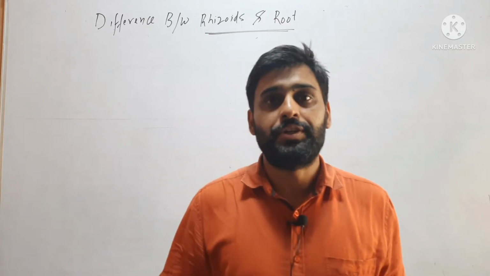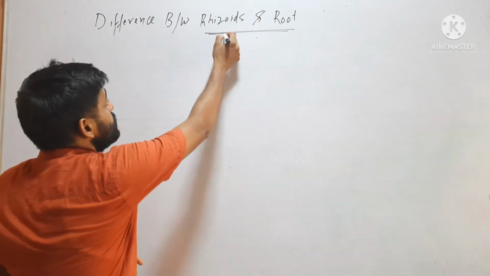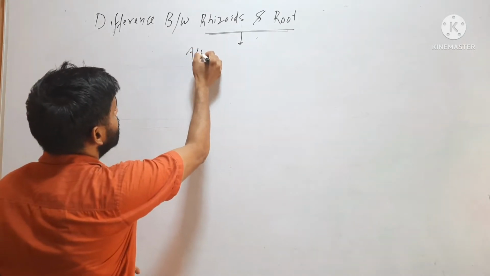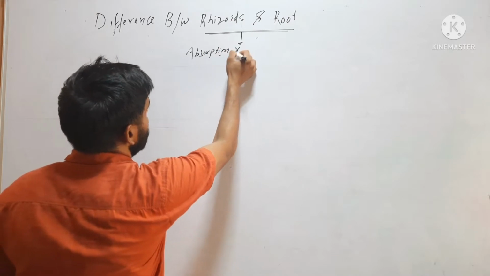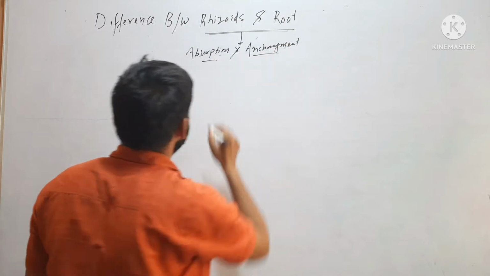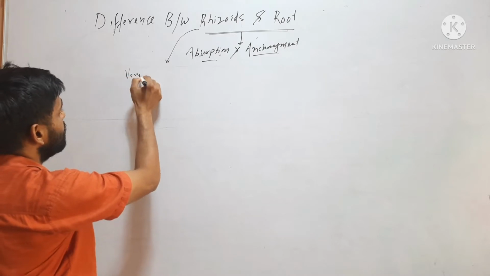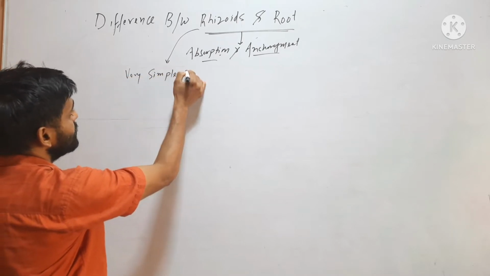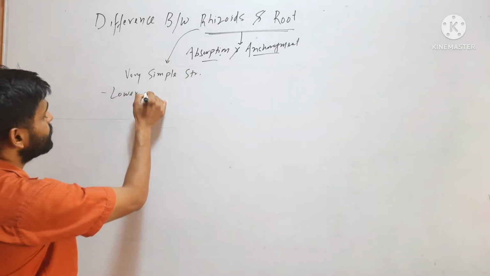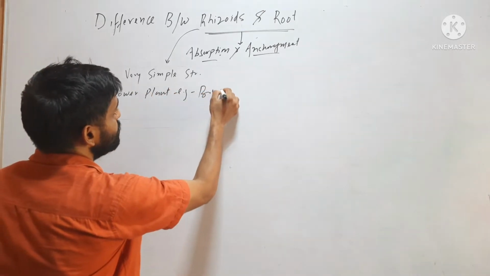Hello friends, in this video we will discuss the difference between rhizoids and roots. We know that both these structures perform the function of absorption and anchorage. A rhizoid is a very simple structure that is found in lower plants like bryophytes.